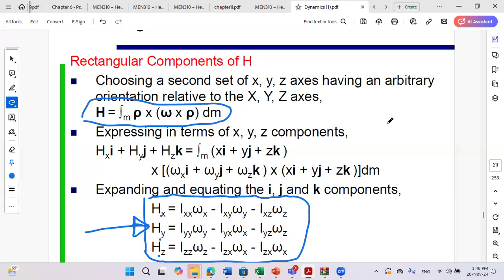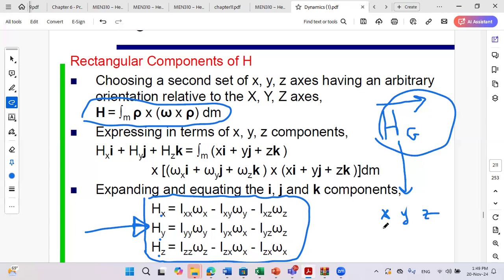So whenever you say, I want angular momentum about G, this means what? H_G is a vector. Because it's a vector, it will have 3 components, one about x, one about y, one about z. So when you say, I want to calculate angular momentum about point G, you need to take x, y, z axes passing through G, and you need to evaluate the inertia tensor about these axes.